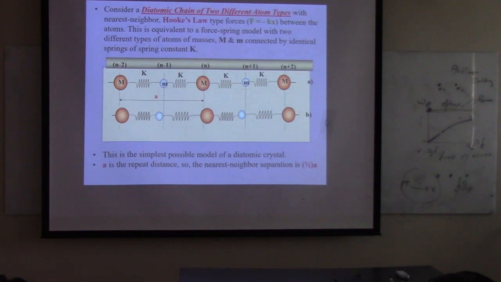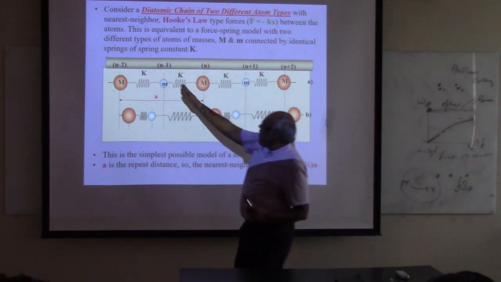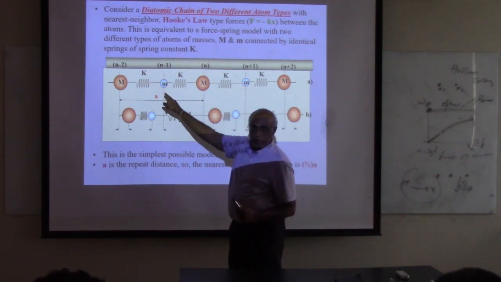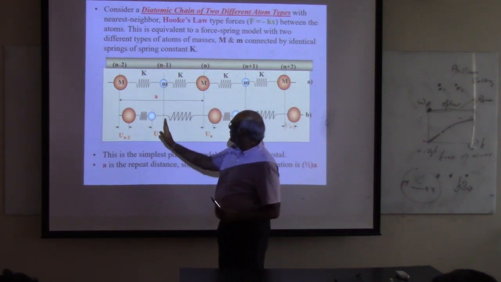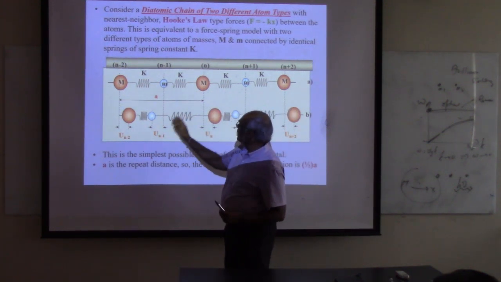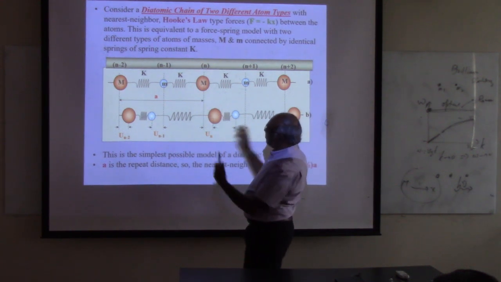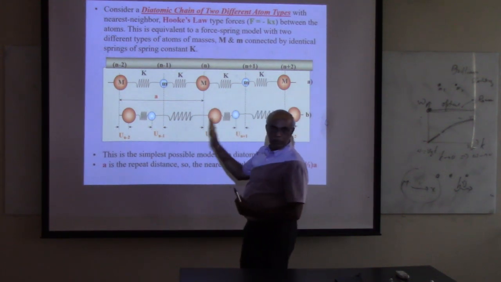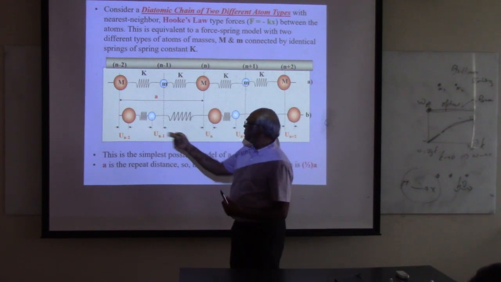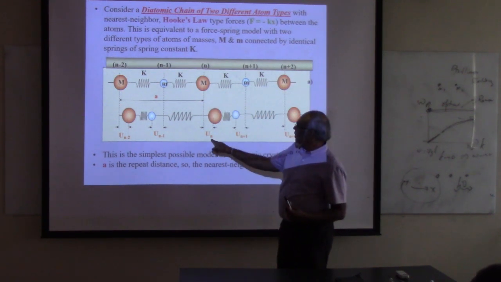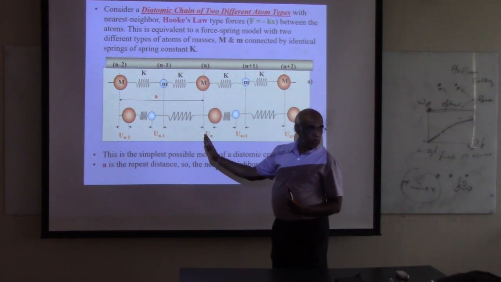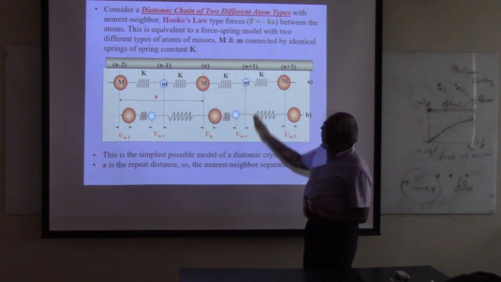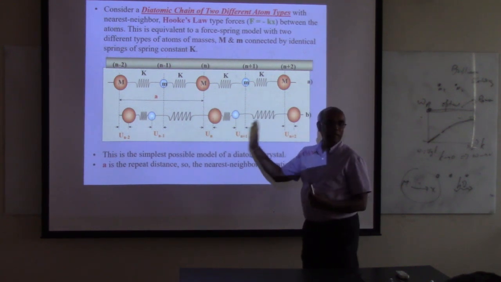Very simple actually. This is your equilibrium position. The only thing is these masses are different now. Suppose this one is initially at this position. Now if they start vibrating, they will move to different positions, right? Each one is, say, the nth particle of mass m that moves by a distance un, but the other particle moves with a different distance.